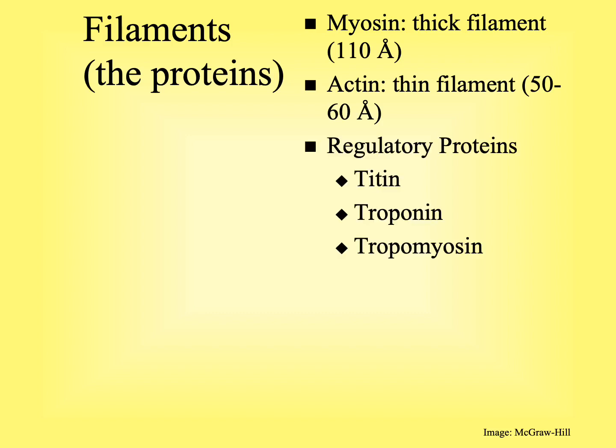In terms of the regulatory and structural proteins, we have regulatory proteins, troponin and tropomyosin, which are involved with the regulation of the interaction between the actin and the myosin. And then we have structural proteins, elastin, titin, and dystrophin.